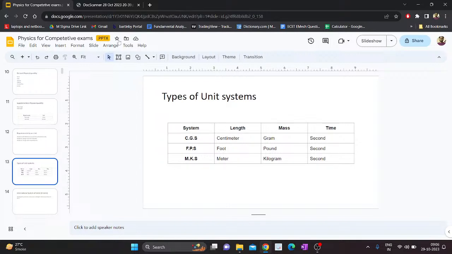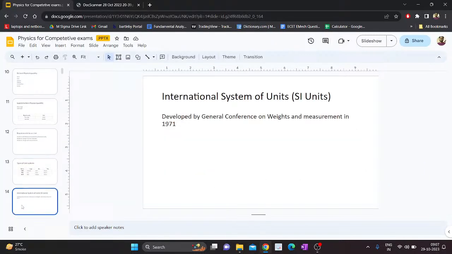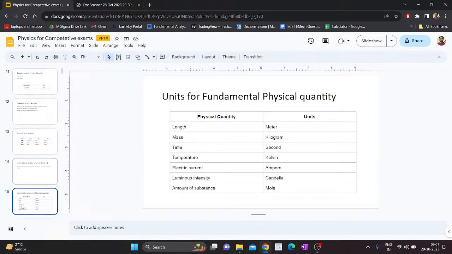For example, for mass, the predominantly used one is kilogram. That's why it is taken as kilogram. For length, it is taken as meters. For time, it is taken as second, and so on.